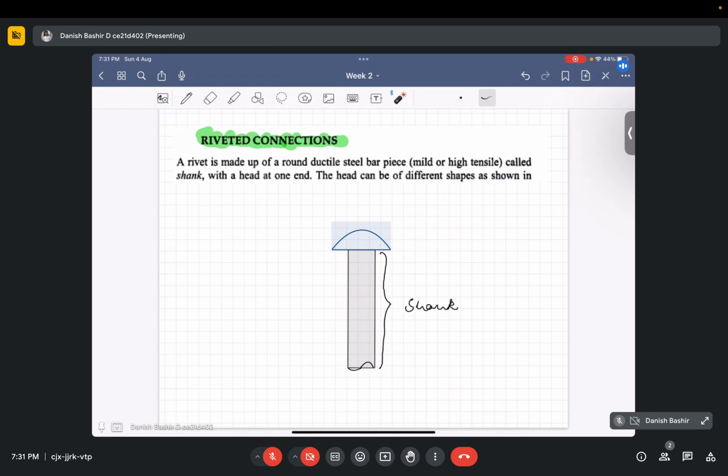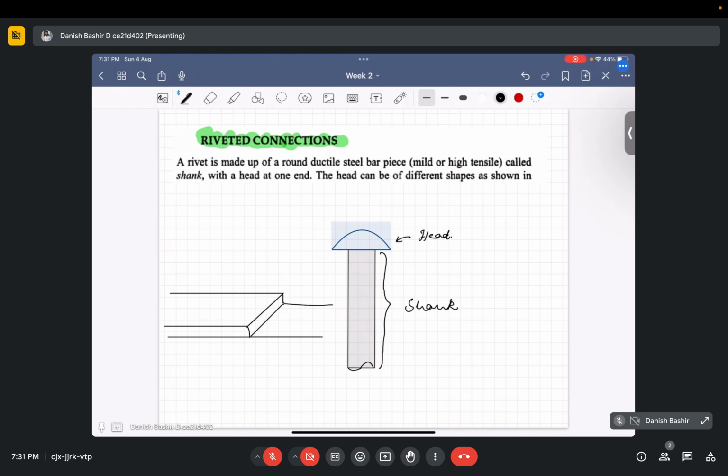This is known as the head. What we do is insert it, for example, we have one member here, to which another member is attached like this.